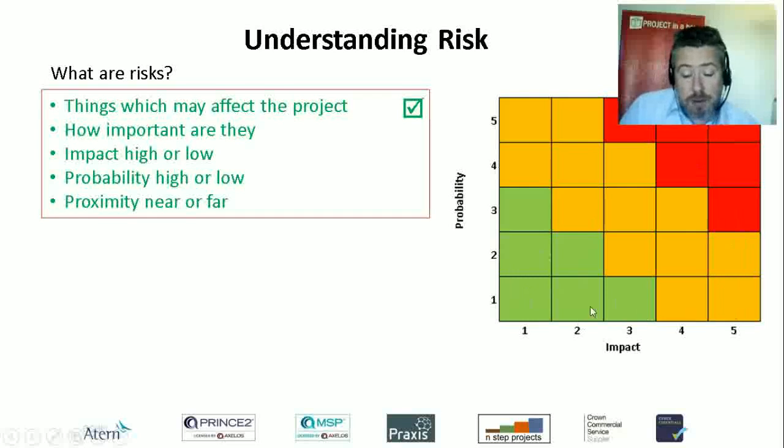So here we've got saying, well, anything that's over a 4 is going to be out of green and into amber, and anything that's over a 5 by 3, so anything that's over 15 or 16, because 4 by 4 is a red as well, so anything that's over 15 would be considered red. So you can score the combination of impact and probability to determine how substantial, how significant the risk is, the risk rating as we're going to call it.